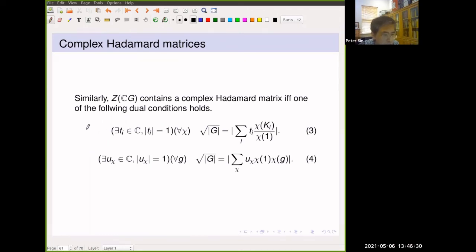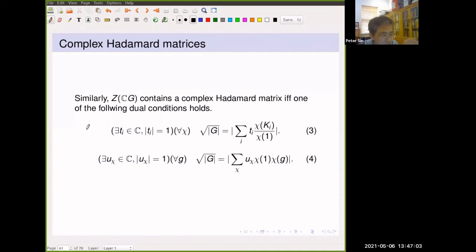So the point is, as Ada pointed out in her talk, there are two steps to uniform mixing. First of all, you try to find a complex Hadamard matrix in the Bose-Mesner algebra, and then you try to find T so that the exponential is equal to that complex Hadamard matrix.